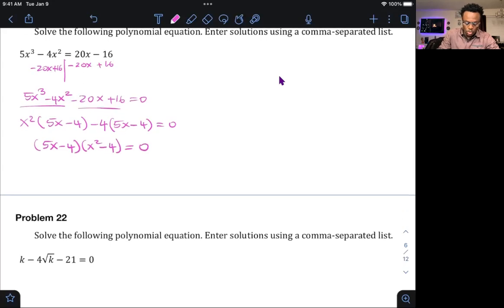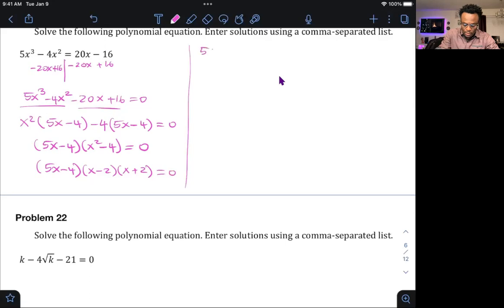And then you can refactor x squared minus 4 as difference of squares. So that's 5x minus 4, x minus 2, x plus 2 equals 0.